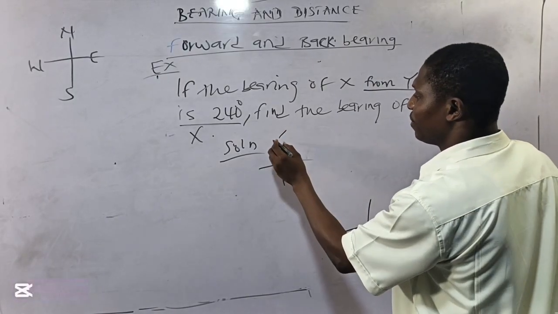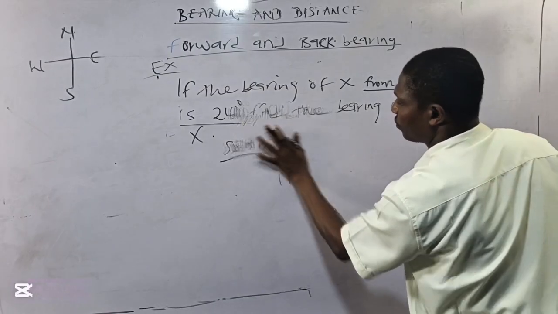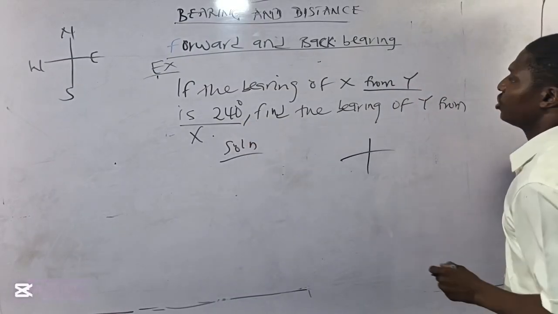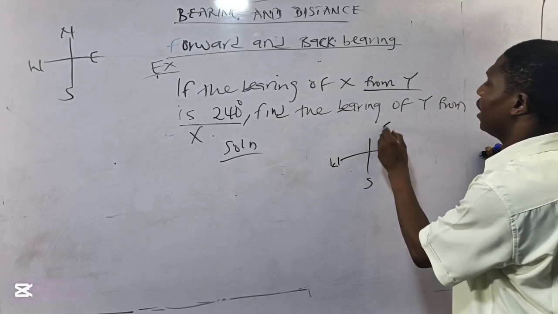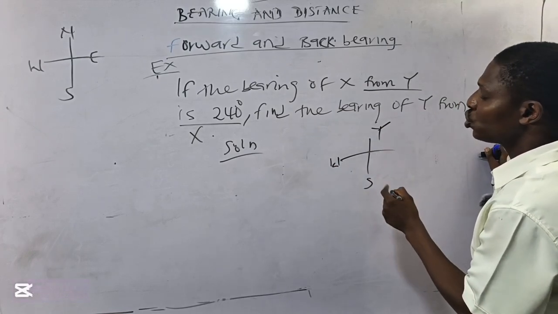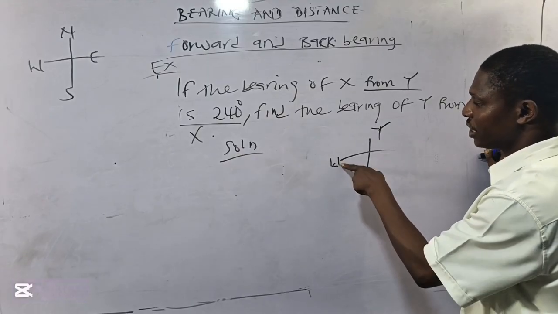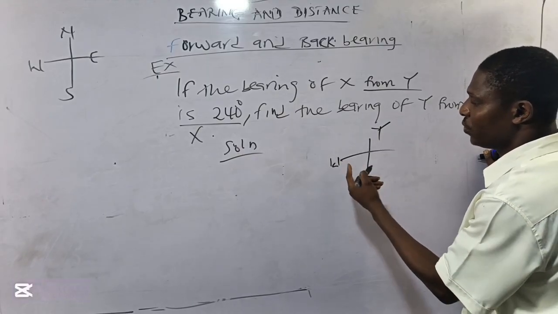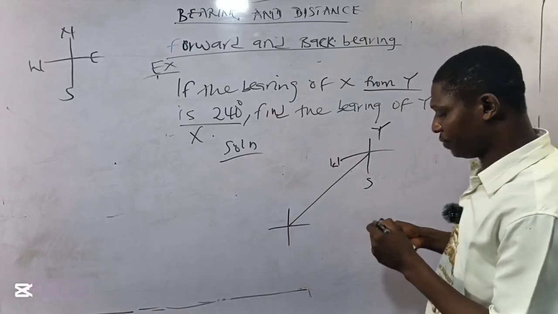I'll take this as my south, and this is my west. And this happens to be my Y. So 240 degrees is greater than 180, but it's less than 270, so it should be between southwest. So if I draw something this way, I will have this.